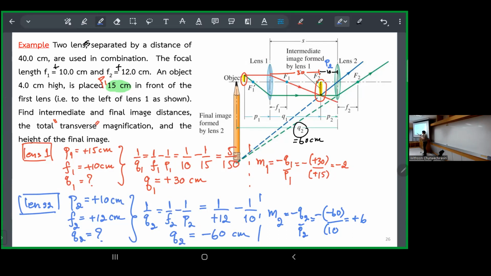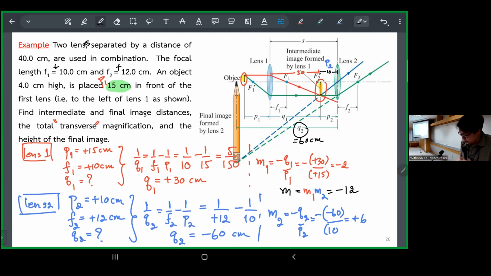Cool. But then if you say, well, I want a grand total. What is the final? So I can say the M total is going to be just M1 multiplied by the M2, and that will give me total of negative 12. Can you see that?